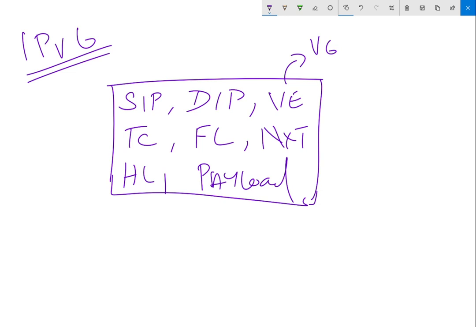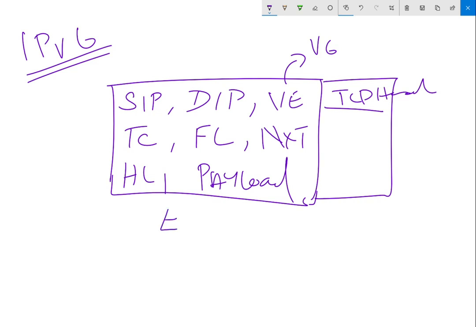If you need additional information, yes, you can still add it. For example, if you need the TCP header, yes, you can add the TCP header to it. This is how IPv6 works. This type of header in IPv6, we call an extension header.